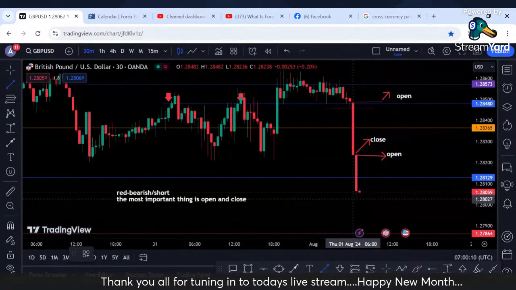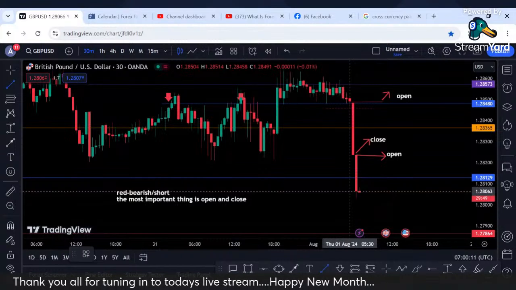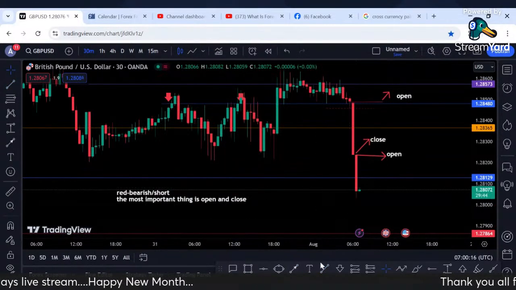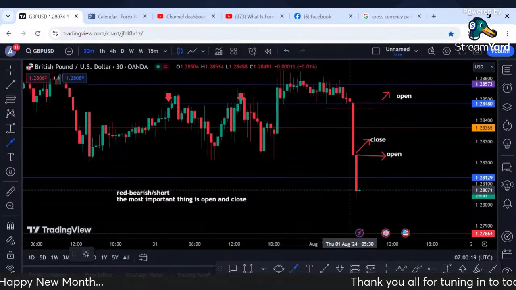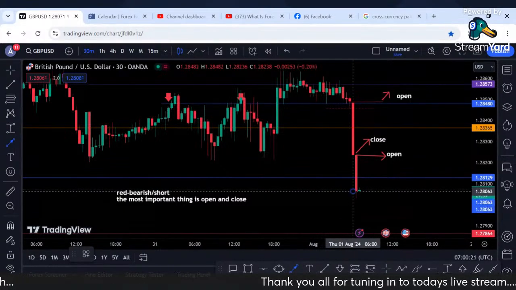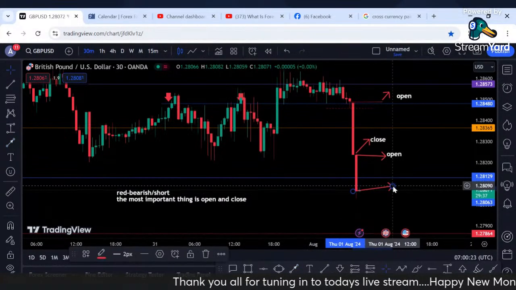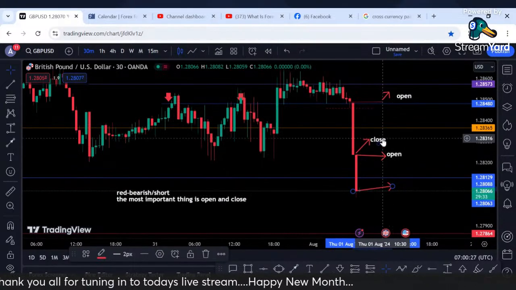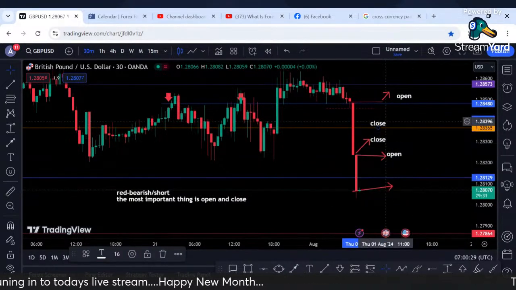The closing price is not going to be where the wick is. The closing price is going to be at the body of the candle. The wick is just the lowest point, the lowest level price got to. So this point is going to be the closing price.